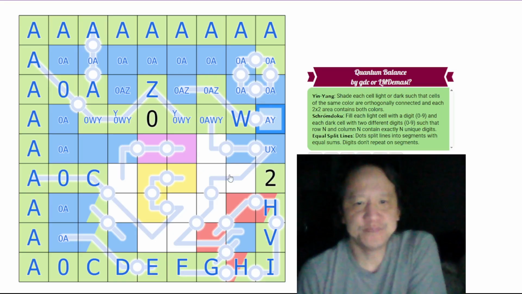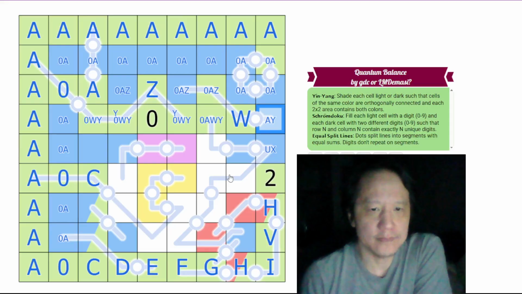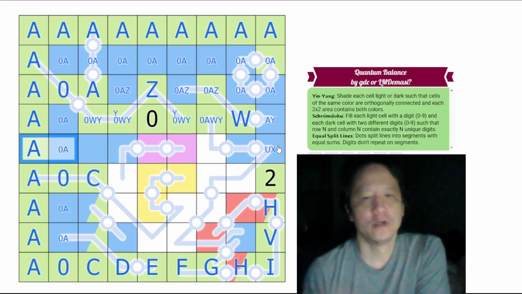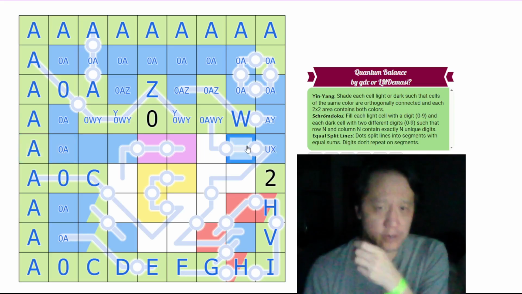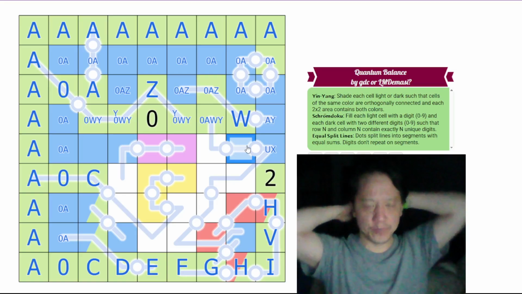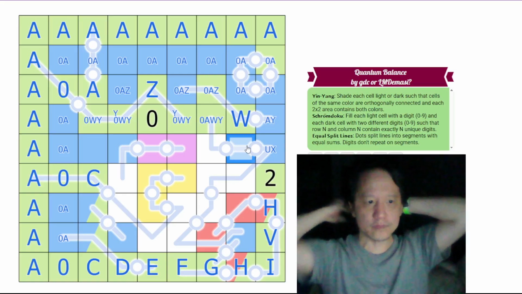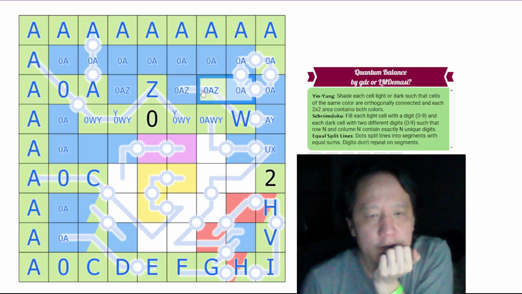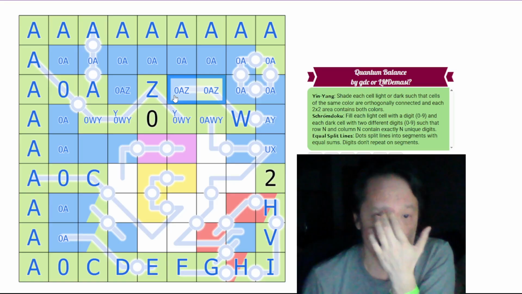These are 5 unique digits. We have already A and 0. This could be A and something else, so that's fine. What else do we have? One of these is Z.